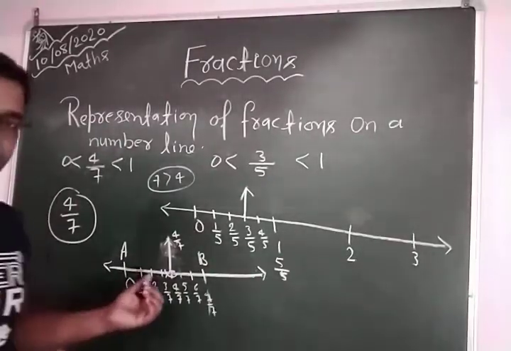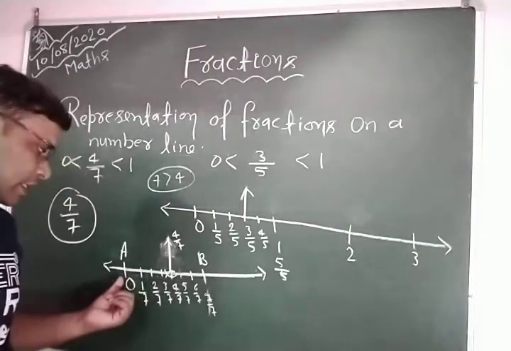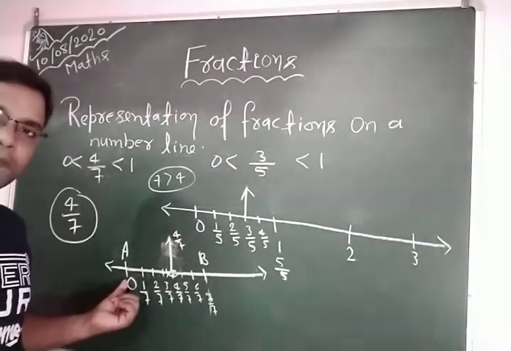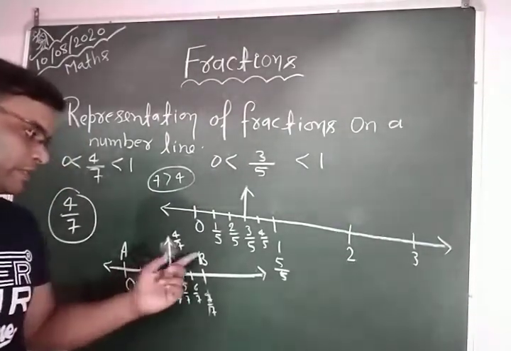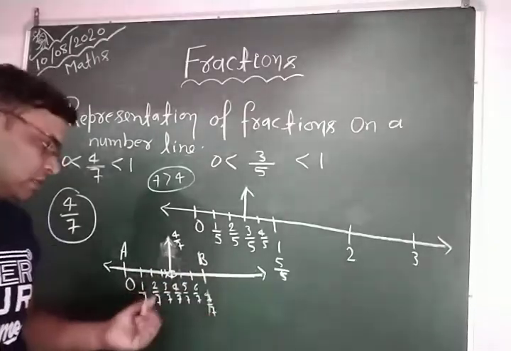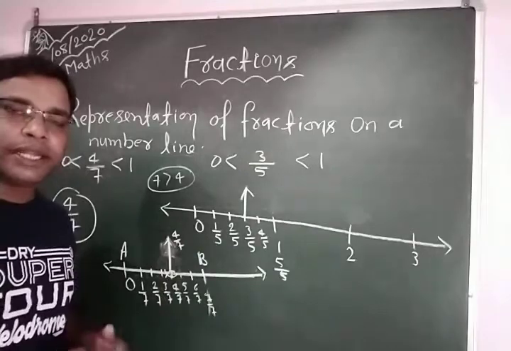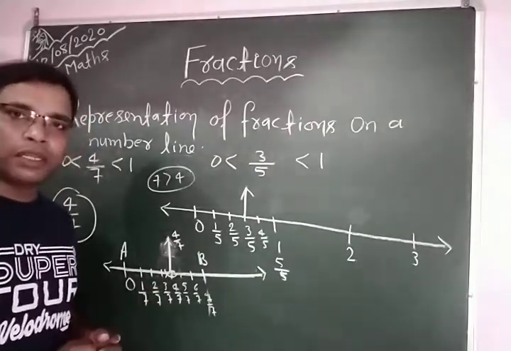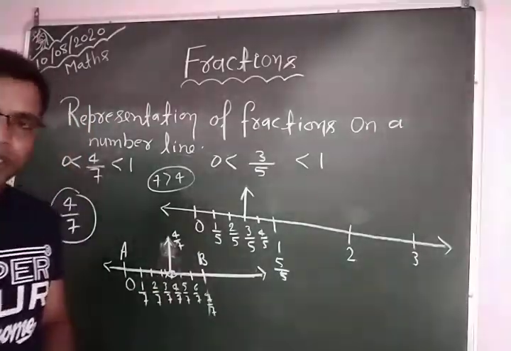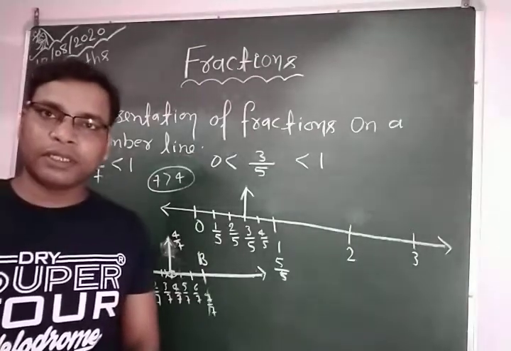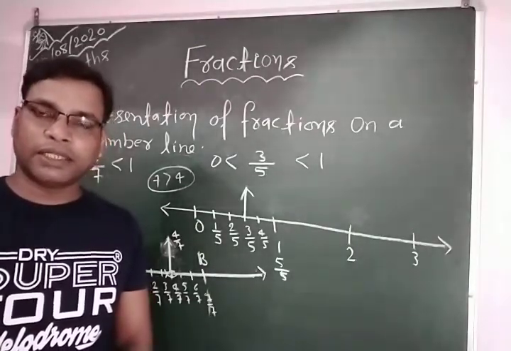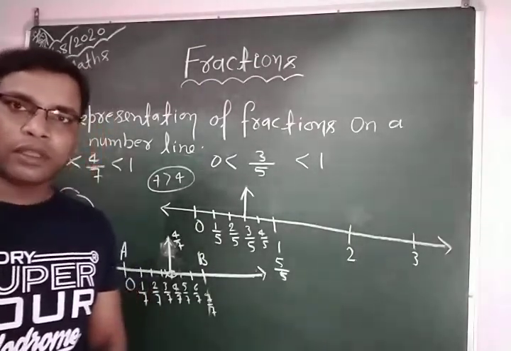Okay, sometimes we write letters here. Here A represents 0, B represents 1 or 7 by 7. So we take any point here, C, T, and so on, that represents 4 by 7. Okay, students, I hope all of you know how to represent a fraction on the number line.